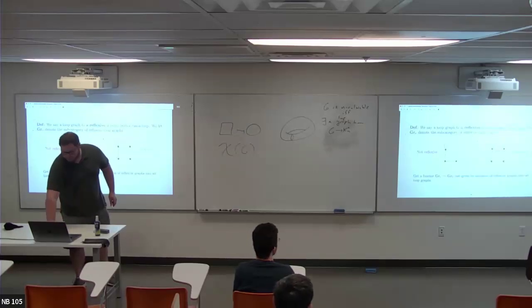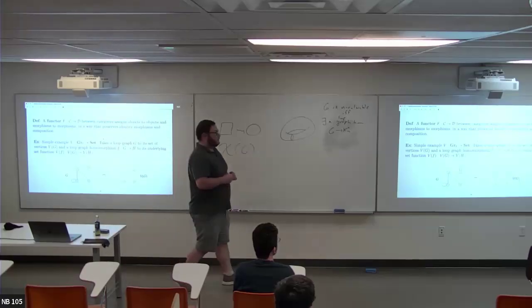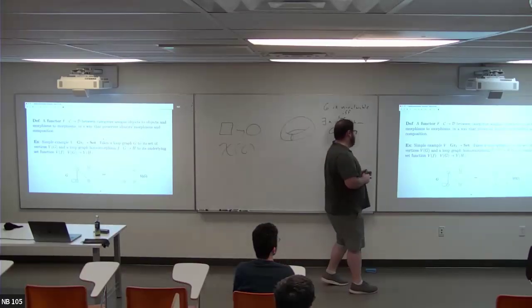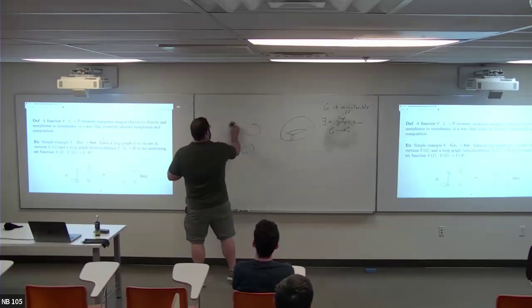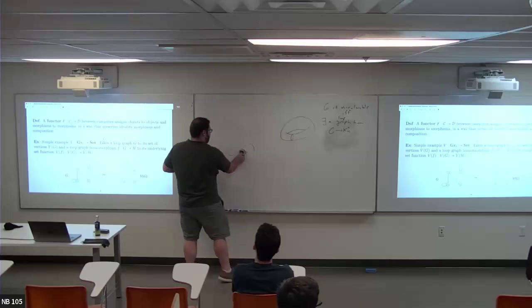So the loop graph homomorphism is also an isomorphism, right? No. Isomorphism is in a category. No, I meant isomorphism in a graph. Isomorphism in a graph.